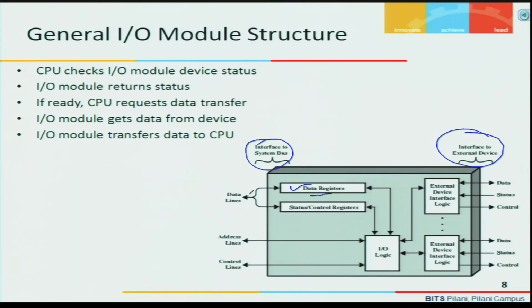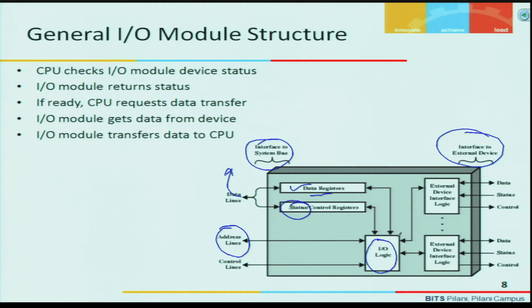From there it can go via the data lines of the system bus to the processor. The processor can find out the status of the device or send any control signal. For that, to get the status of the device, it has the status or control register, and the processor supplies the address through the address lines, and after recognizing this address, this is the I/O logic.